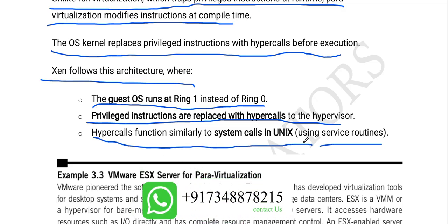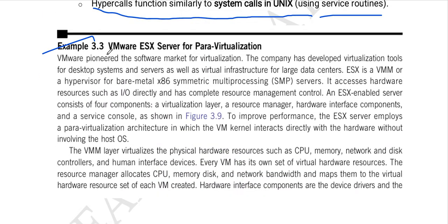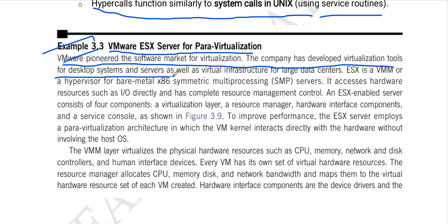Next, we can observe an example. In this example, we have the ESX server for para-virtualization, with some explanation of VMware. VMware pioneered the software market for virtualization. The company has developed virtualization tools for desktop systems and servers as well as virtual infrastructure for large data centers.